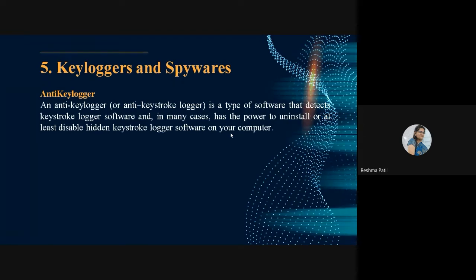If that software is identified and the anti-keylogger has the power, then it will uninstall it. If it is not able to uninstall it, at least it will disable that keylogger software, so it will not work on your computer. It will stop the functionality of that software. So this is the anti-keylogger.